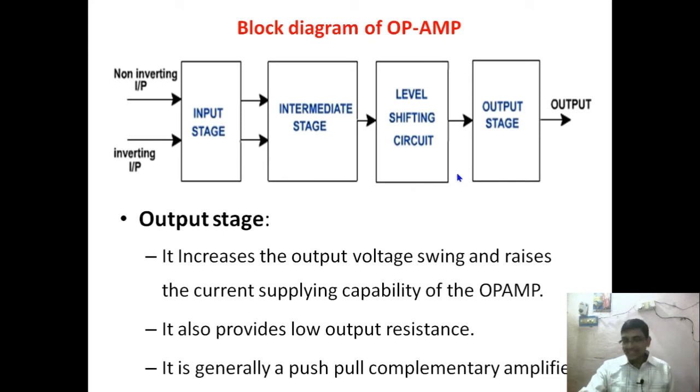This can be achieved by using a push-pull complementary symmetry amplifier. So the circuit inside the output stage is the push-pull complementary amplifier. This is about the block diagram of an op-amp.